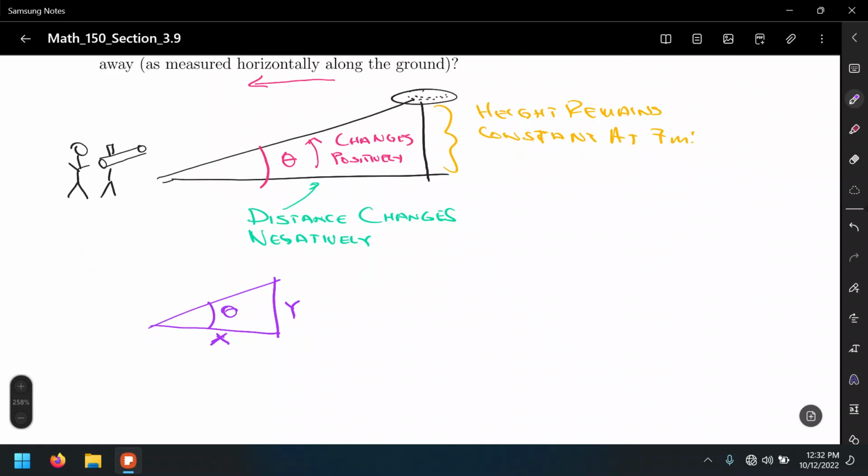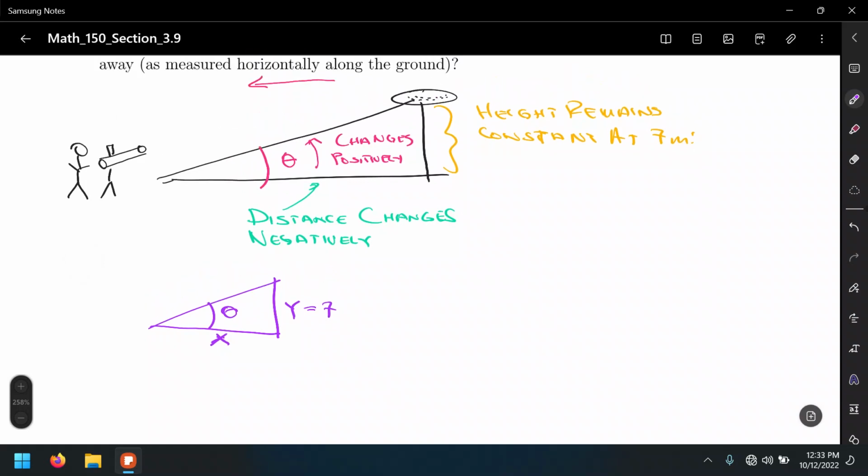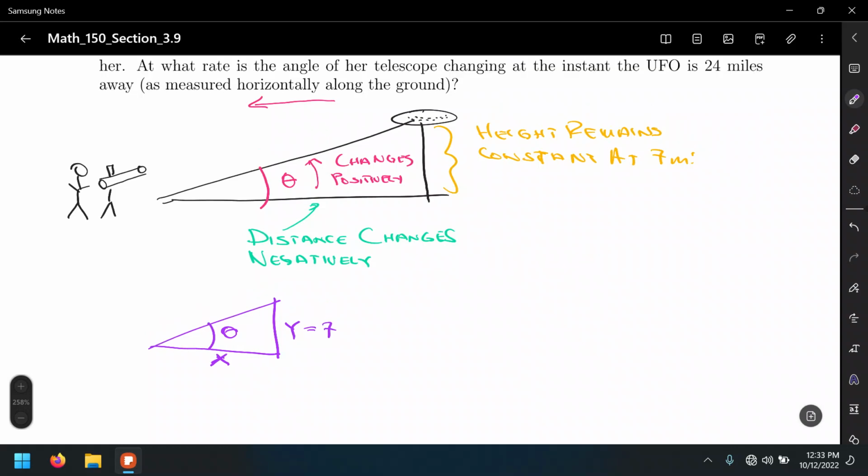All right. We know y remains constant, which is 7. However, x doesn't remain constant, right? X is something that we will figure out, and it is x that changes with respect to time. It changes over time, so the closer it gets, it's going to vary at whatever rate.